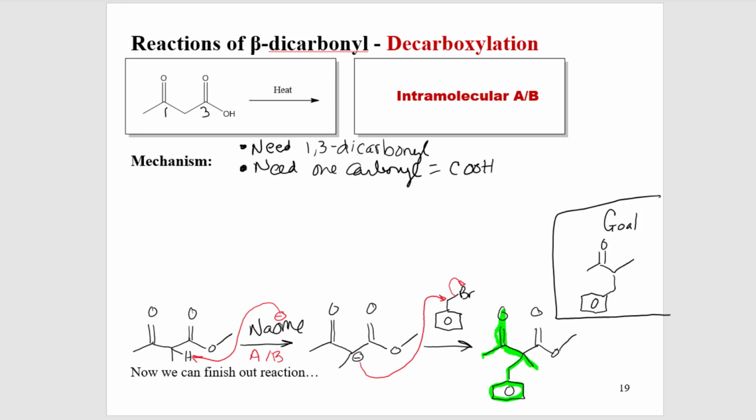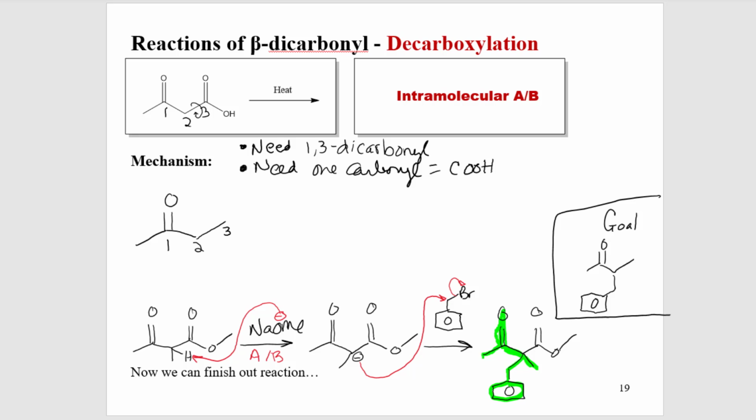All right, if you have that, you can heat this up and drive off carbon dioxide. How does that work? I'm going to redraw this exact system. There's carbon 1, carbon 2, and what I'm going to do is just rotate around the 2, 3.